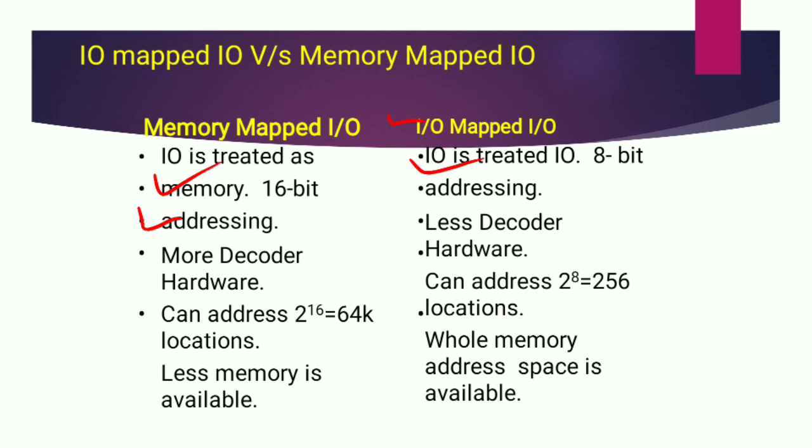In 8085, IO addresses will be 16-bit like memory addresses. In IO mapped IO, IO addresses are smaller than memory addresses. In 8085, IO addresses will be 8-bit, though the memory addresses are 16-bit. More decoder hardware is required in memory mapped IO, and less decoder hardware is required in IO mapped IO.